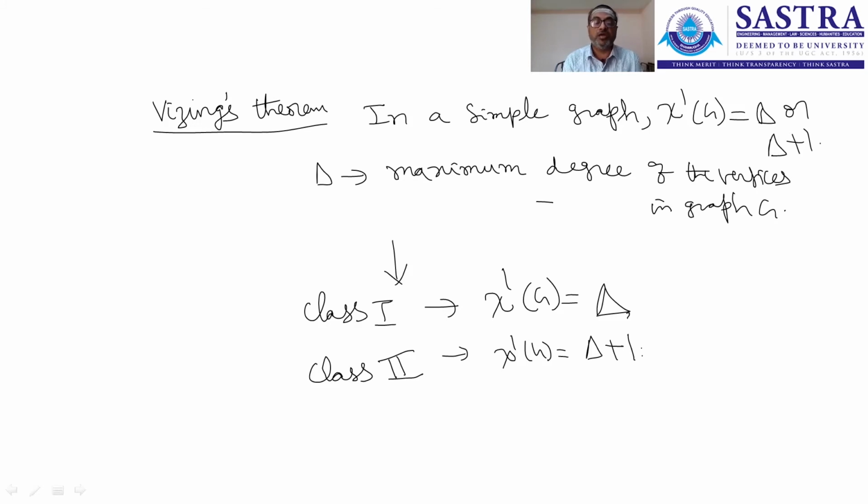If the edge chromatic number is delta plus 1, you call it type 2 graphs. So you remember this theorem. Of course, I will prove this later, and I will be using this to find the edge chromatic number of a cycle.